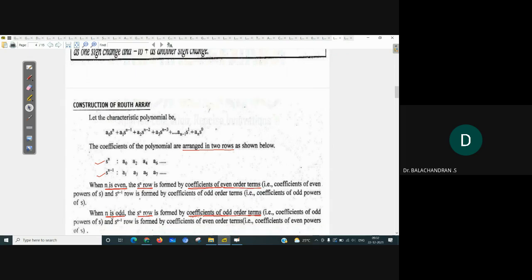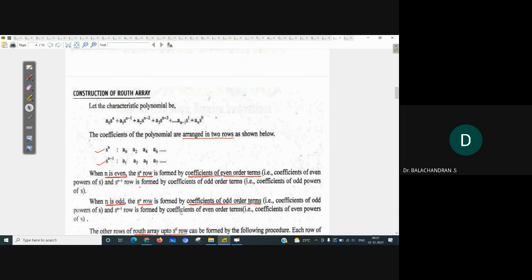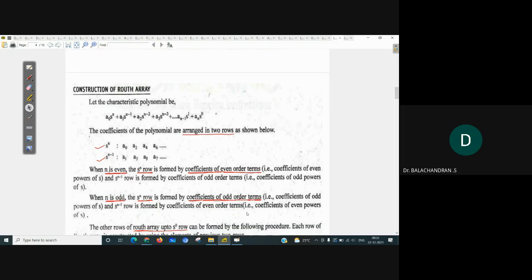When n is even, the s power n row is formed by the coefficients of even terms, and the s power n minus 1 row is formed by the coefficients of odd terms. When n is odd, the s power n row is formed by the coefficients of odd terms, and the s power n minus 1 row is formed by the coefficients of even terms.